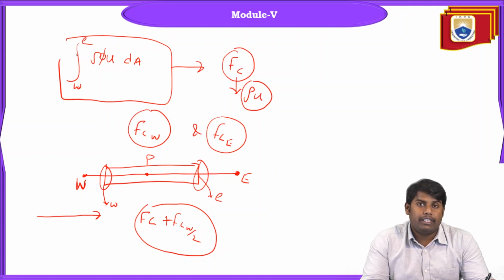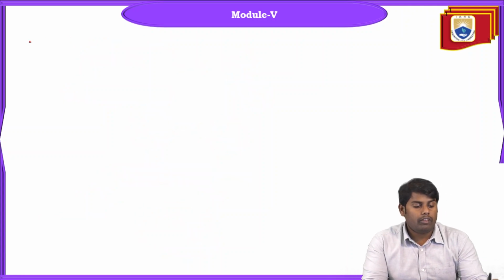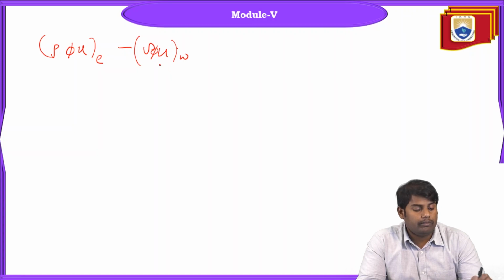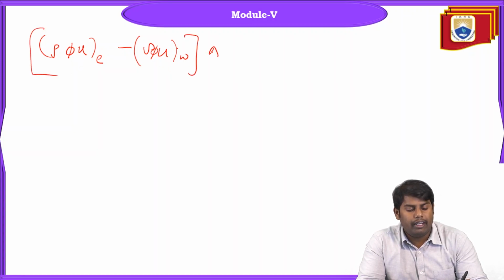Fine. So here what happens actually? When you integrate, rho phi u at the east face minus rho phi u at the west face. Okay, if the area is constant, we will take the area A.